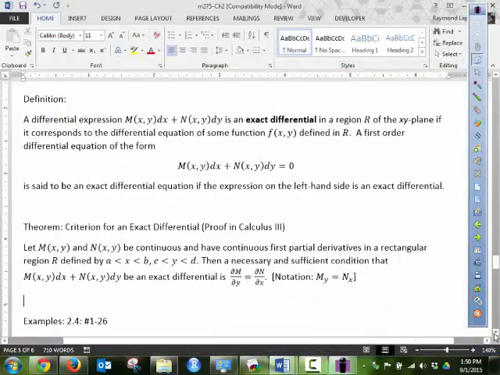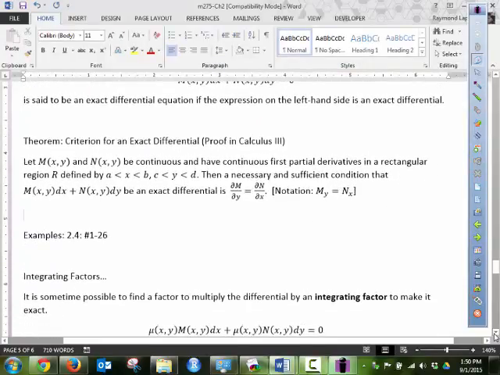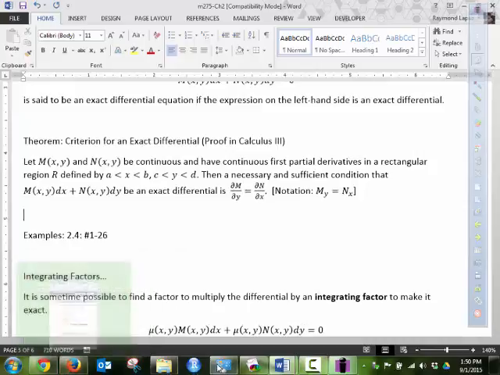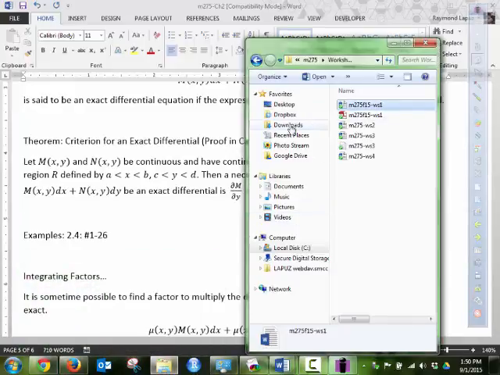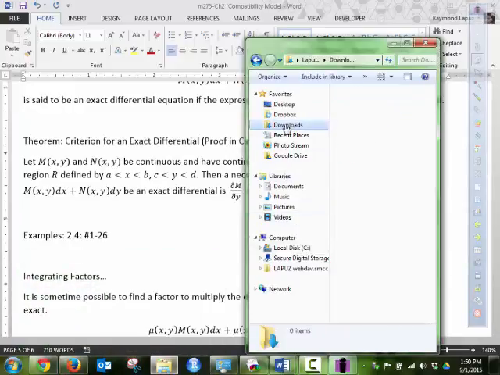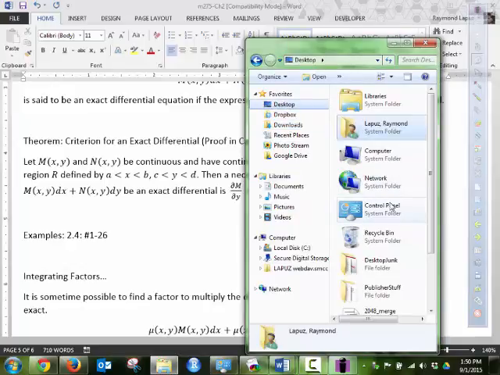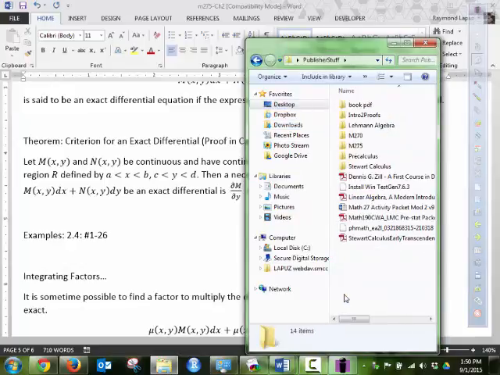I didn't copy those, 1 through 26. I thought I had my book open already.